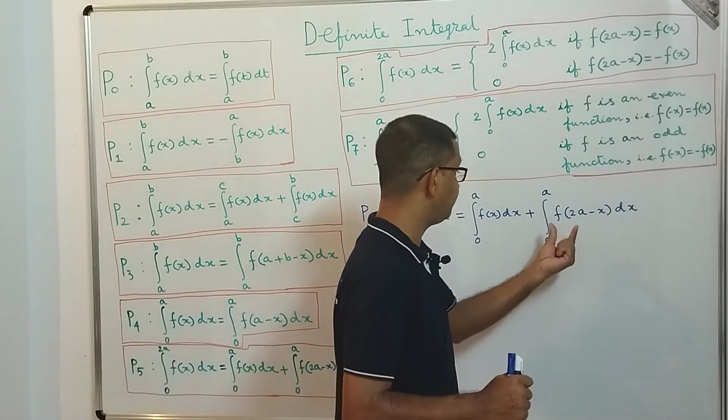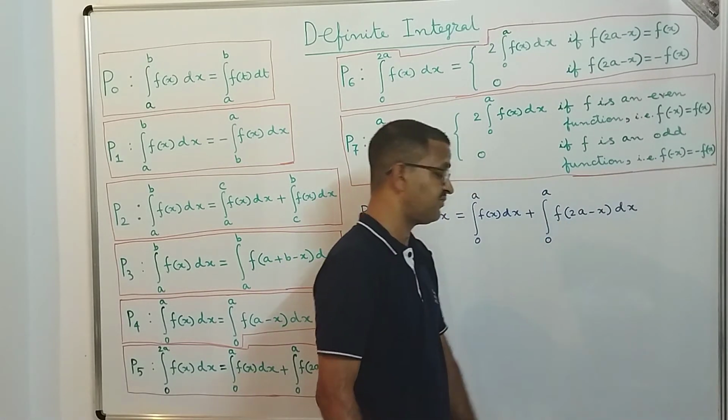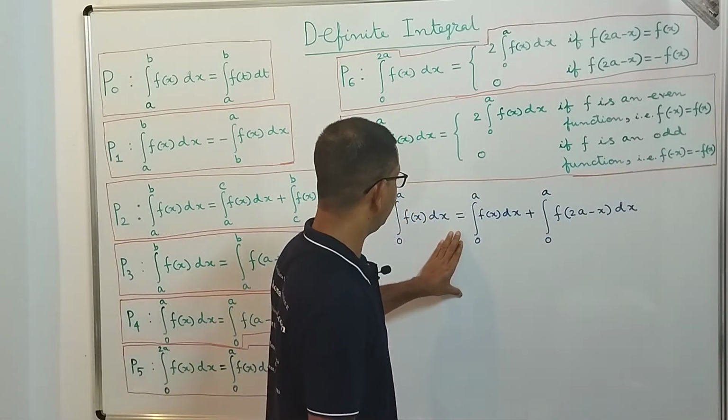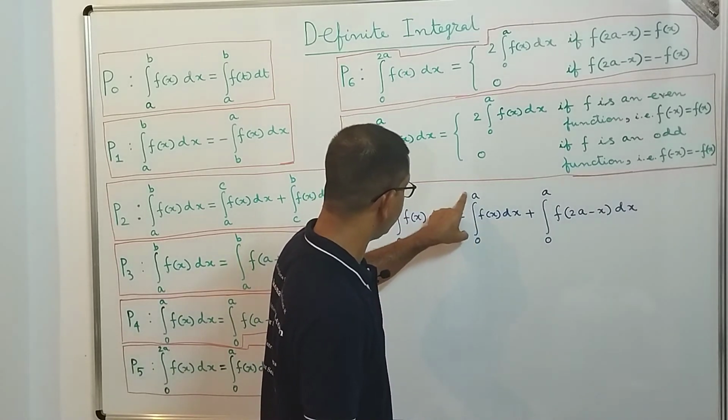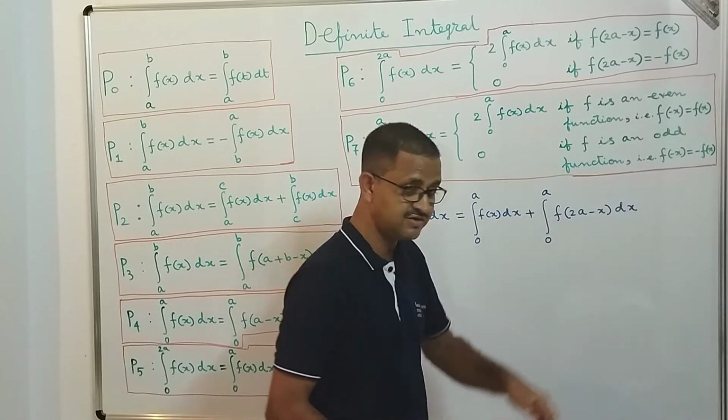Now dear students, if f of 2a minus x equals f(x), then what we will get? We will get this entire integration equal to 0 to a f(x) dx plus 0 to a f(x) dx.